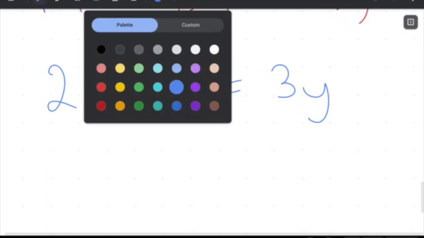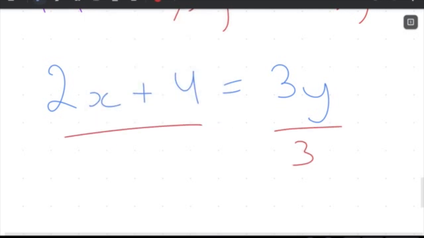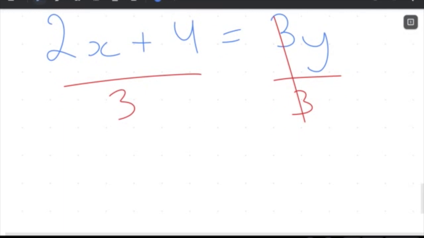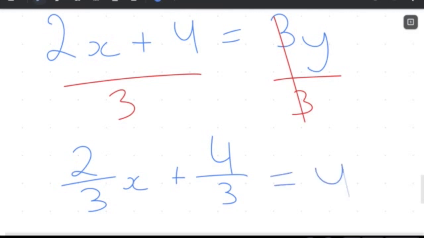So now getting the y on its own here, I'm going to divide both sides by 3, and I get that 2 over 3 x plus 4 over 3 equals y.